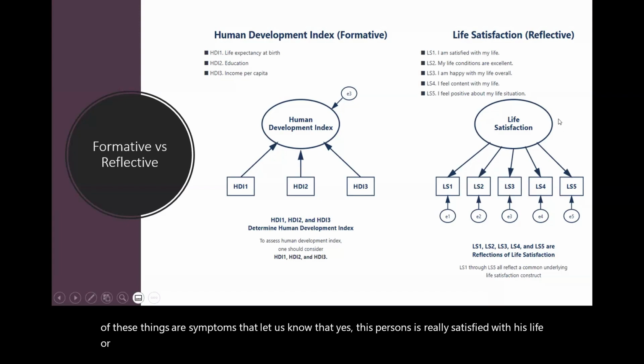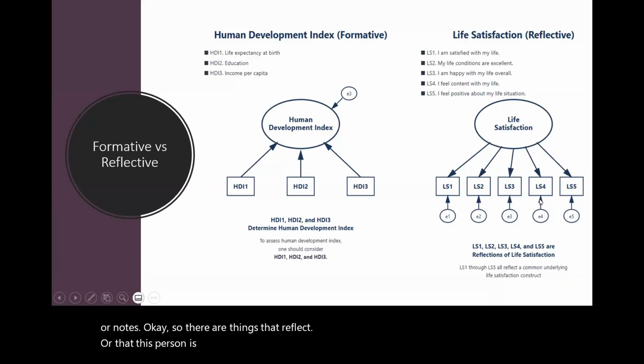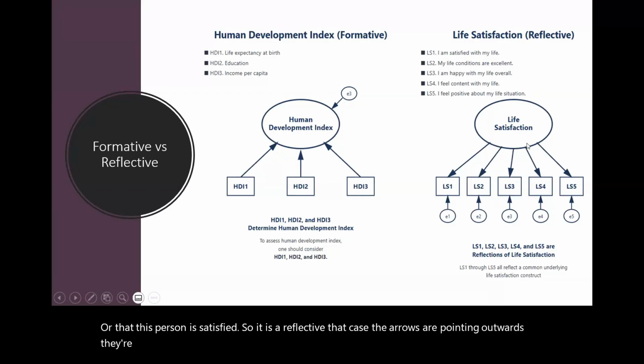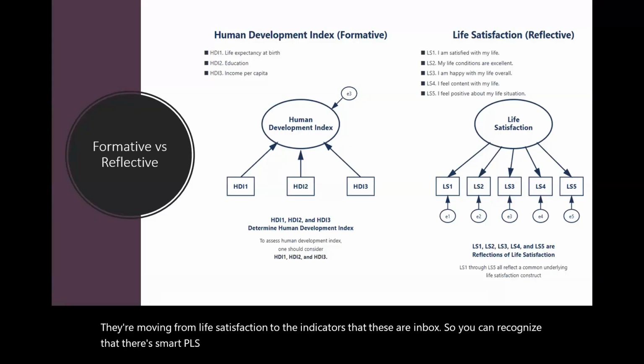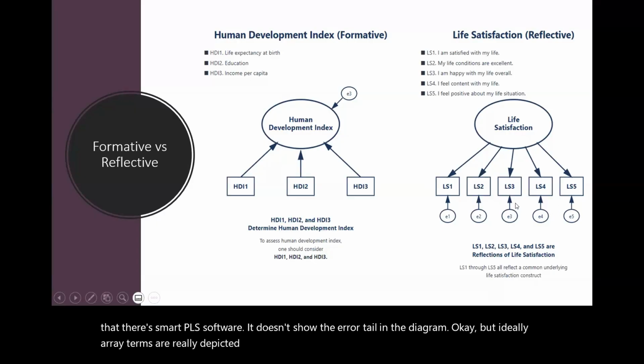So there are things that reflect or show that this person is satisfied. So it is reflective. In that case, the arrows are pointing outwards, moving from life satisfaction to the indicators in the boxes. You can recognize that the SmartPLS software doesn't show the error term in the diagram, but ideally, error terms are depicted. That is why I've shown it here.